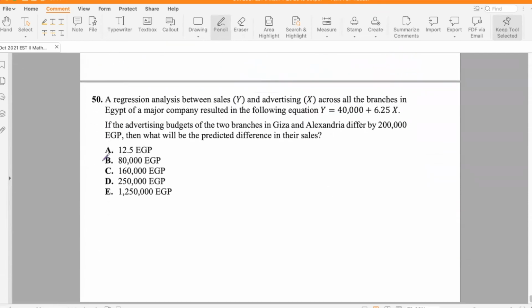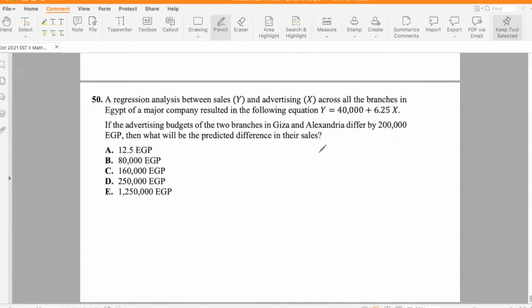A regression analysis between sales and advertising across all branches in Egypt of a major company resulted in the following equation. Y is 40,000 plus 6.25x. If the advertising budget of the two branches in Giza and Alexandria differ by 200,000, then what will be the predicted difference in their sales?